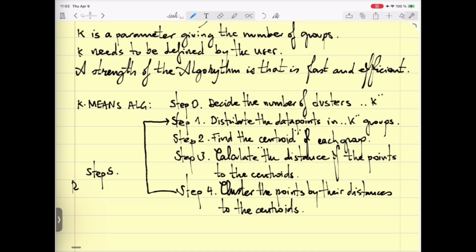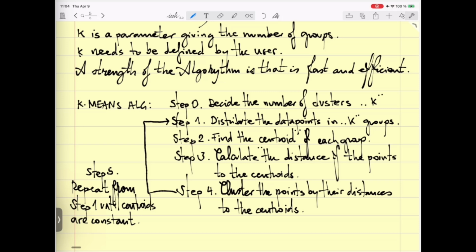Repeat from step 1 until centroids are constant.